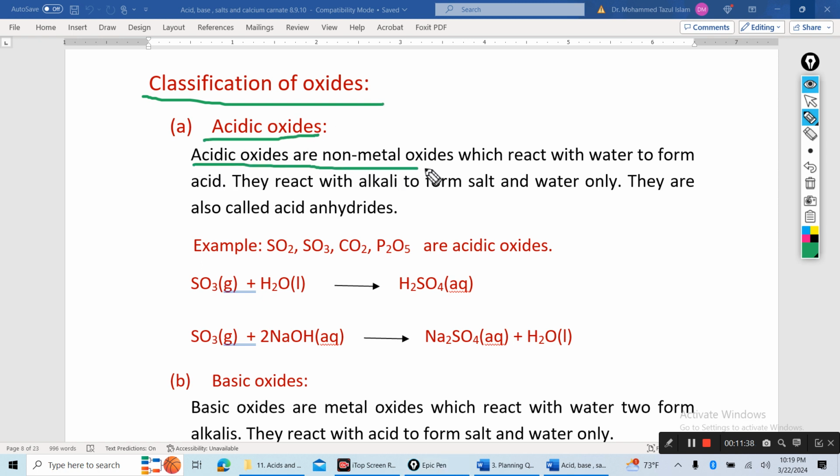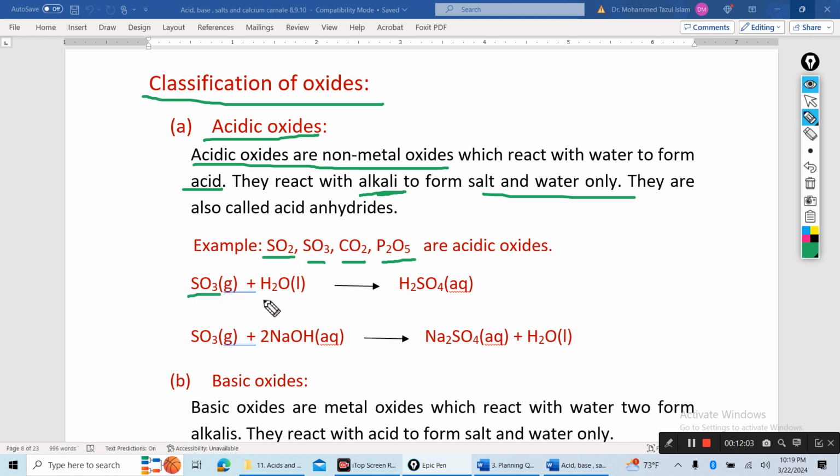Acidic oxides are non-metal oxides, and acidic oxide reacts with water to form acid. Acidic oxide reacts with alkalis to form salt and water. Sulfur dioxide, sulfur trioxide, carbon dioxide, phosphorus pentoxide are non-metal oxides. So these are acidic oxides.